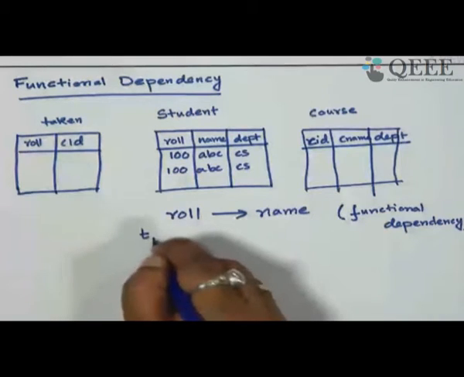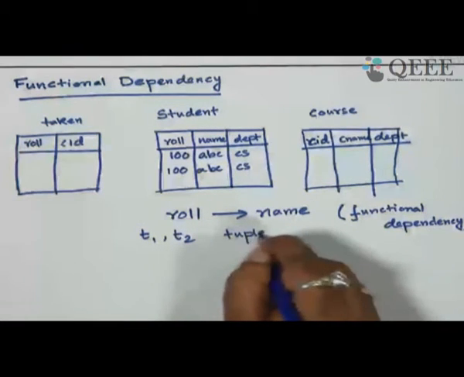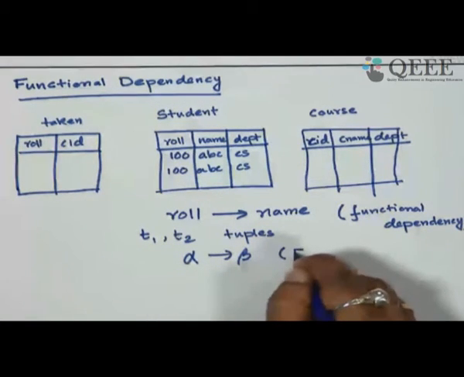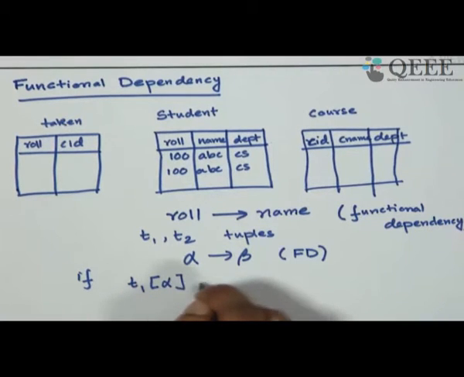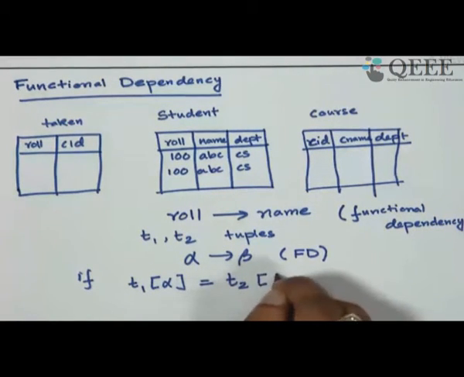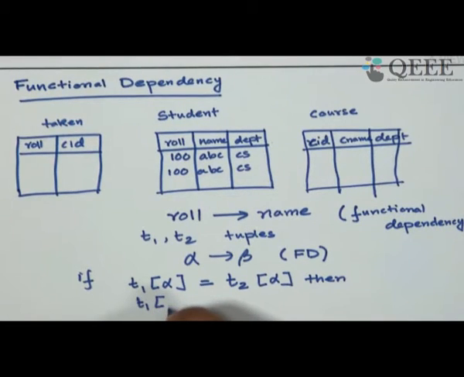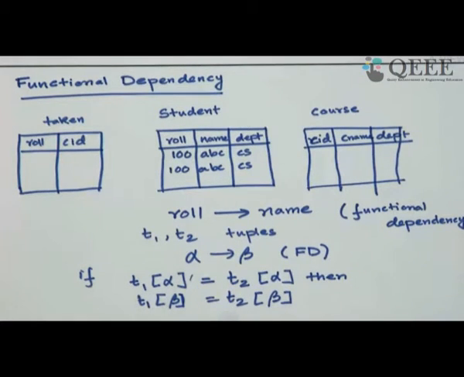What it means, if you have 2 tuples, and if alpha and beta are 2 attributes, which means if you take 2 tuples T1, T2, if the left hand attribute matches, the right hand attribute has to match.